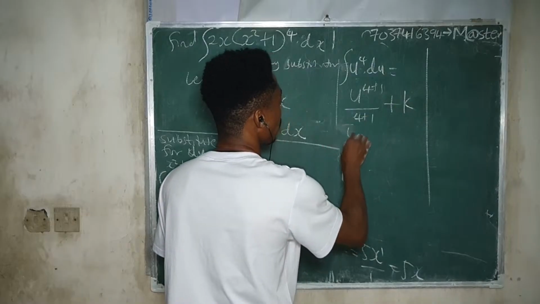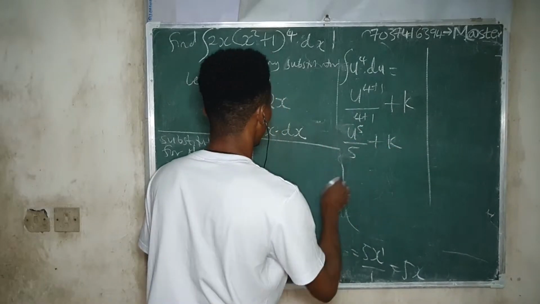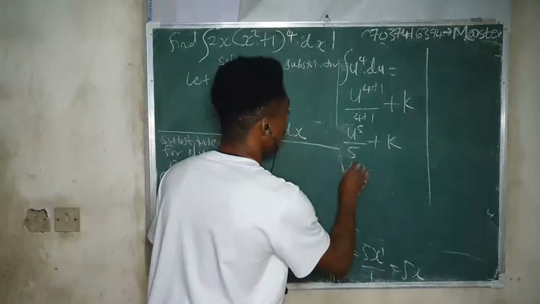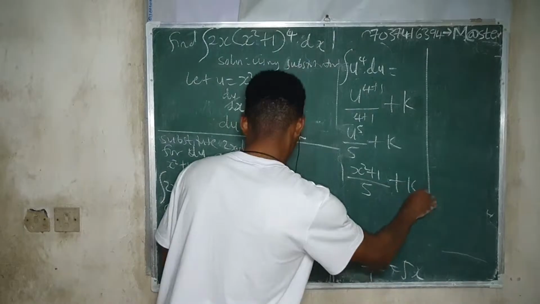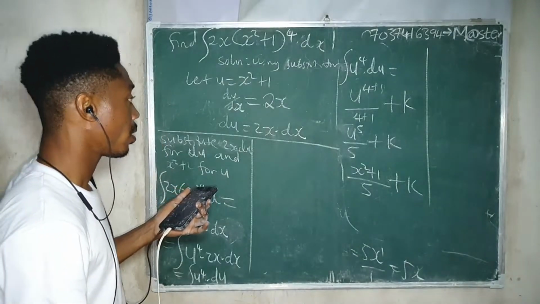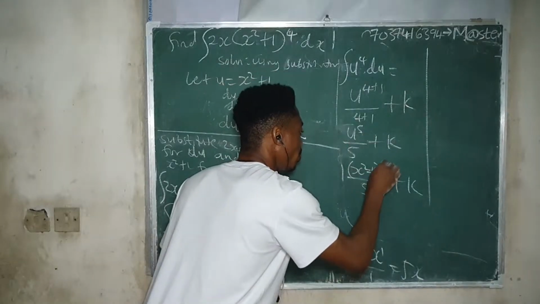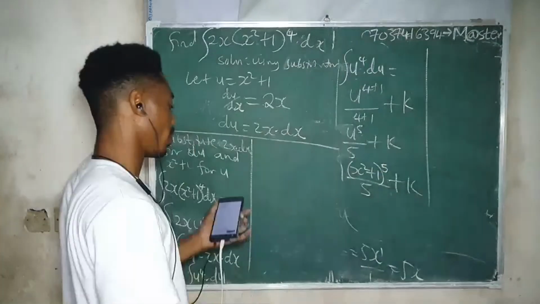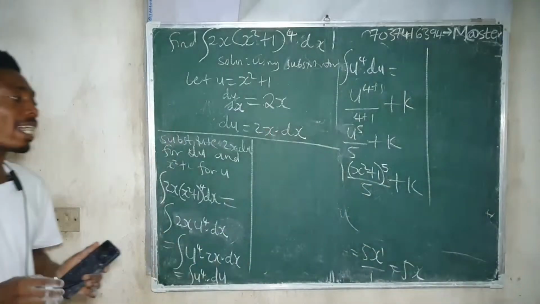That means u raised to power 5 all over 5 plus k. Remember what your u was? x squared plus 1, all raised to power 5, divided by 5 plus k. That will be my answer.